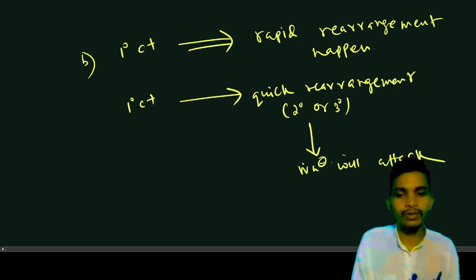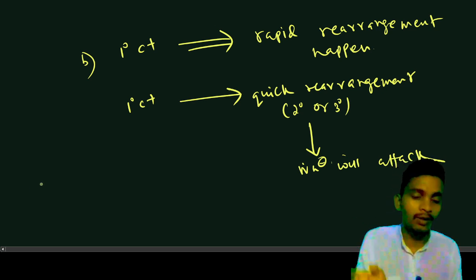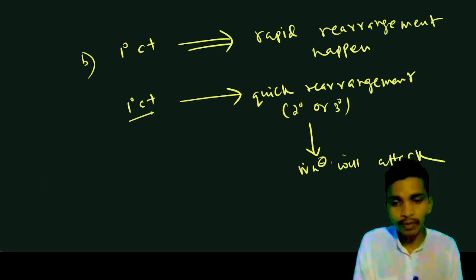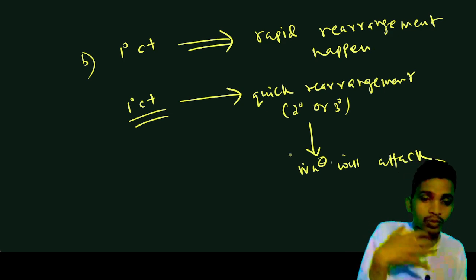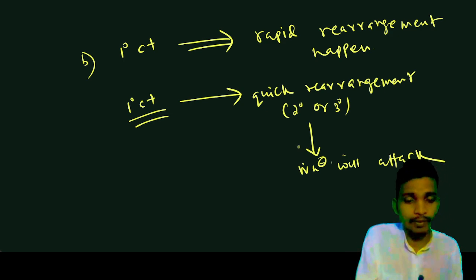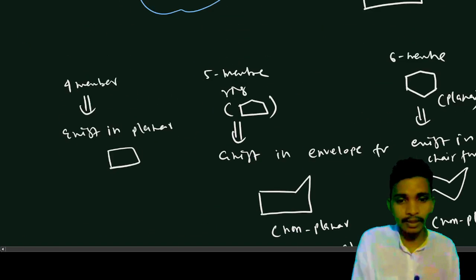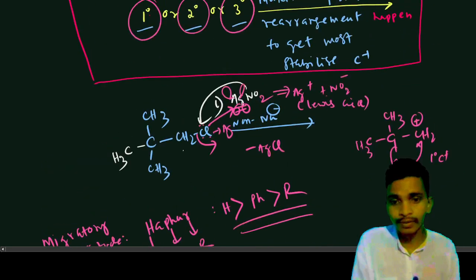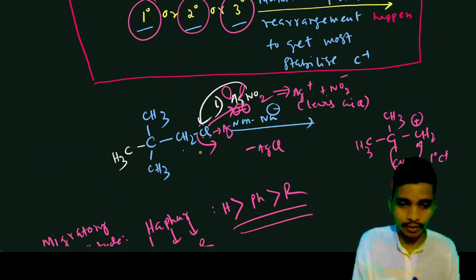What I mean is, at the 1-degree carbocation, the nucleophile will not attack. So 1-degree may shift to 2-degree or 3-degree, then the nucleophile will attack. Those are the examples I have explained here. In this case, this is a 1-degree carbocation.